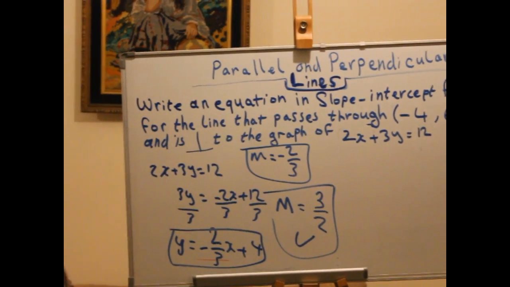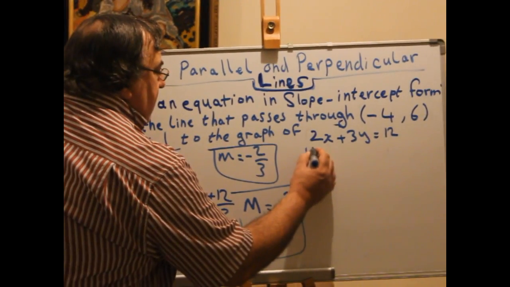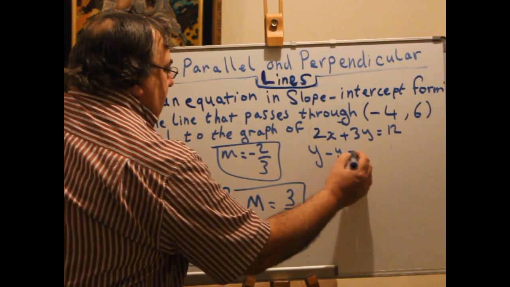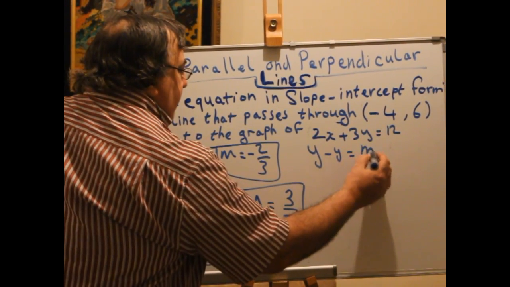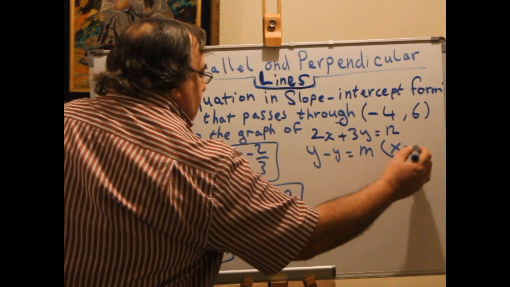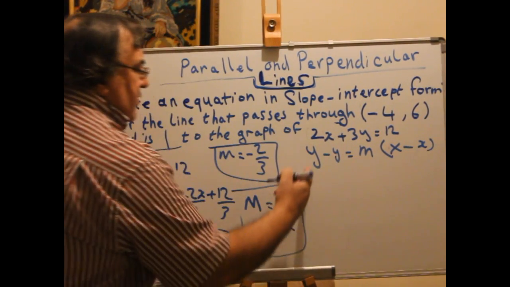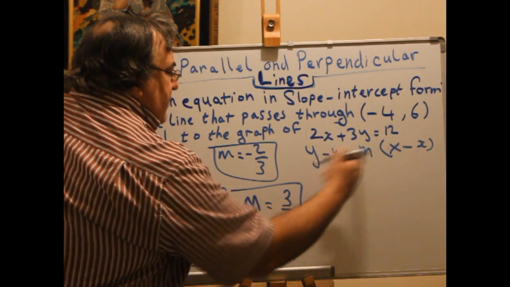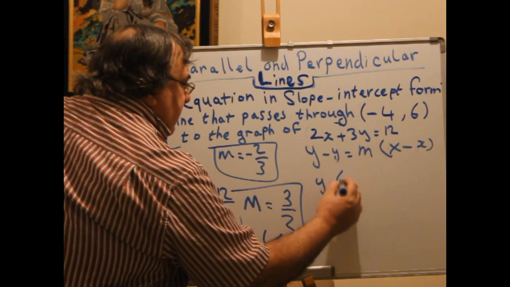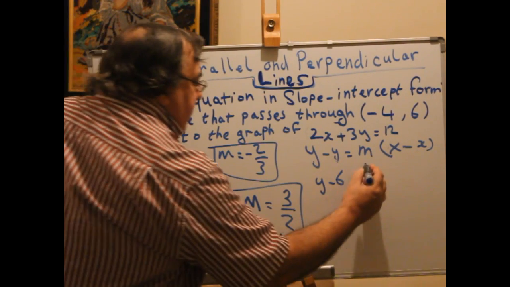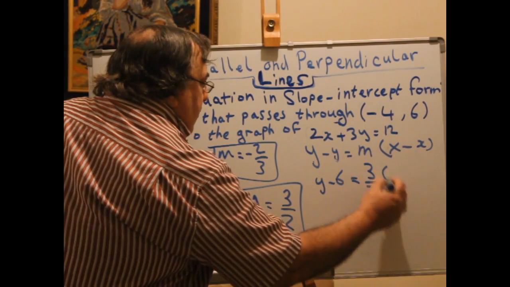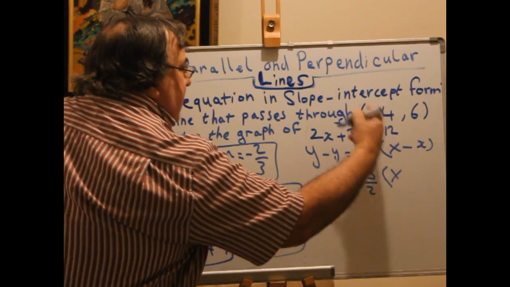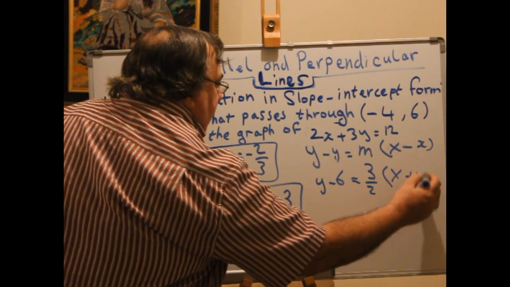So what would be the equation? y minus small y equals m times x minus small x. So y here is 6. y minus 6 equals the slope 3 over 2 times x minus minus 4, which gives positive 4.